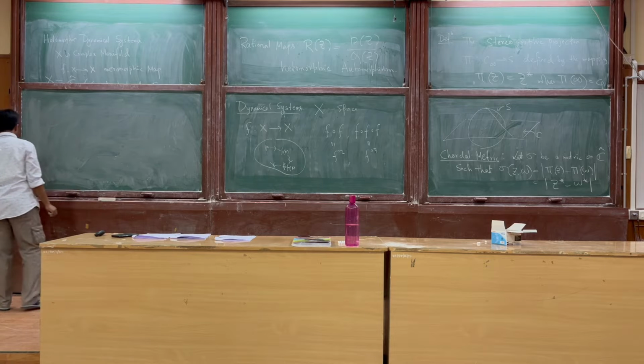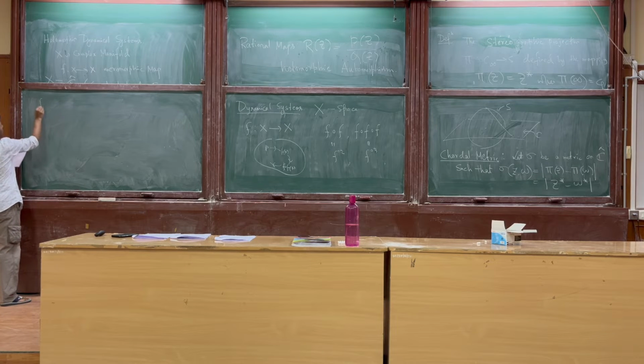What we do is define certain things. So these are some definitions to study rational dynamics on the Riemann sphere.